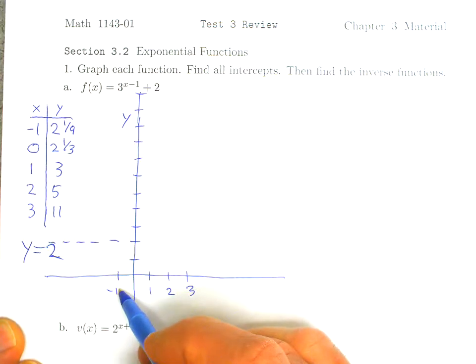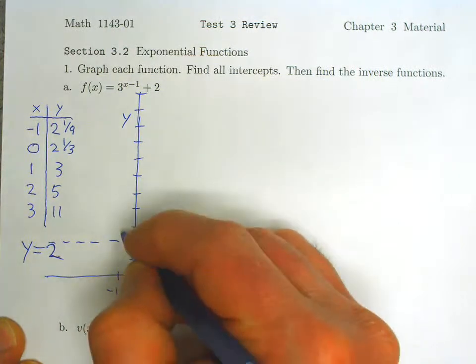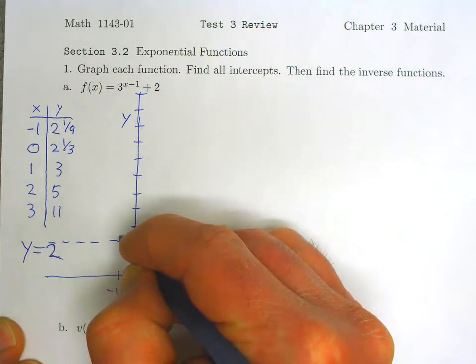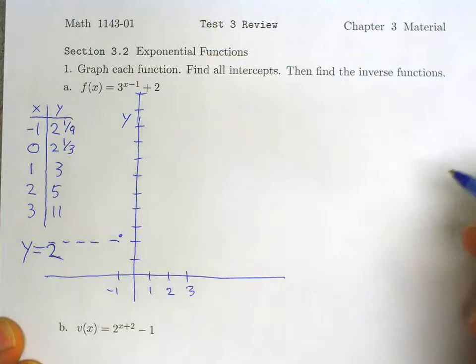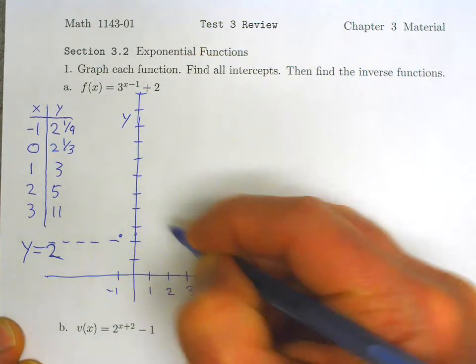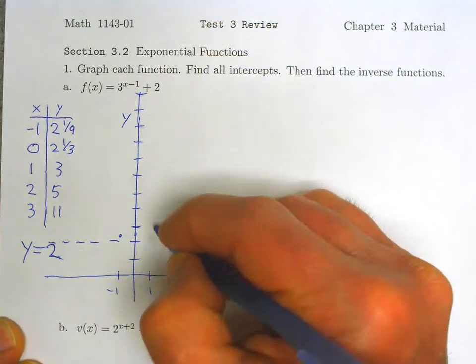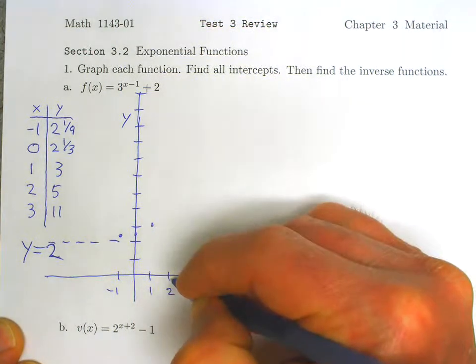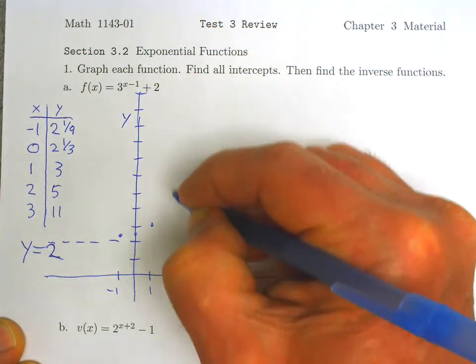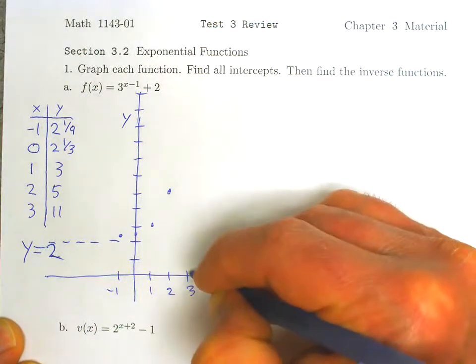Okay, so -1, 2 1/9. 0, 2 1/3. 1, 3. 2, 5. 3, 11.